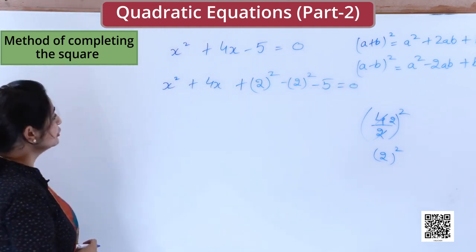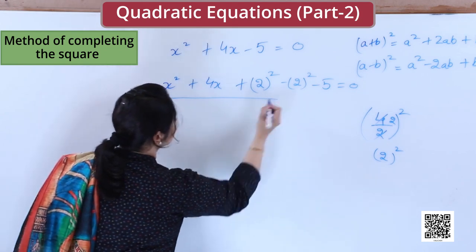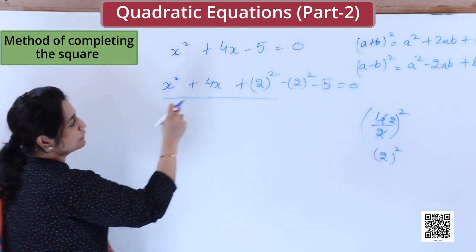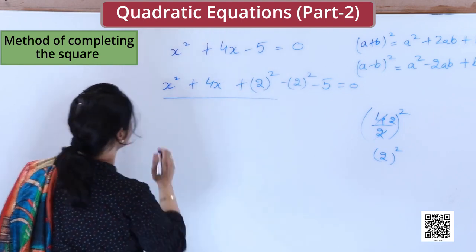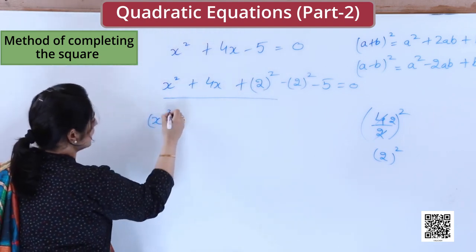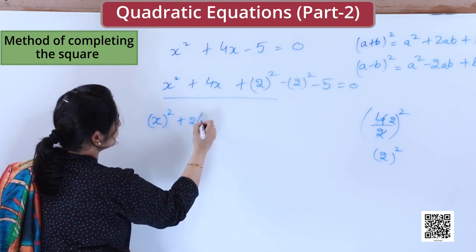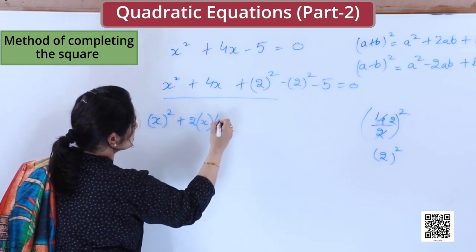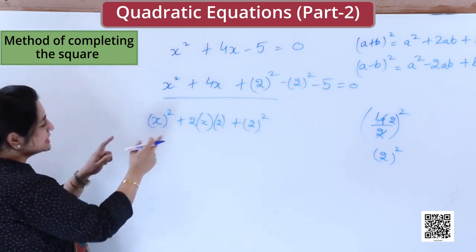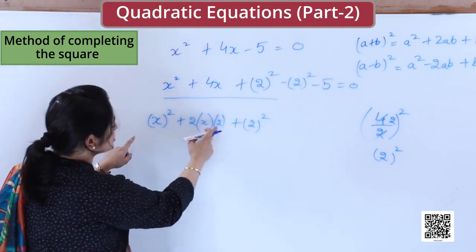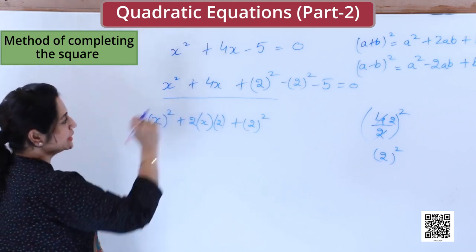Now, if we look carefully here, we will see that these three terms have become of that form, a square plus 2ab plus b square. We can write it like x square plus 2 into x into b, that is 2 here, plus 2 square. So, we see it has become a square plus 2ab plus b square, that form.